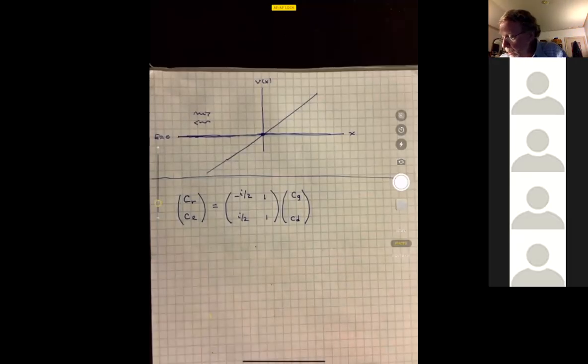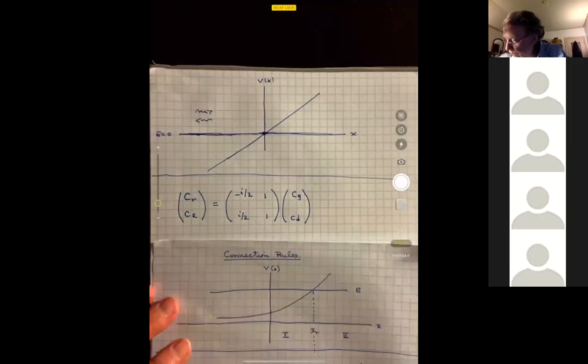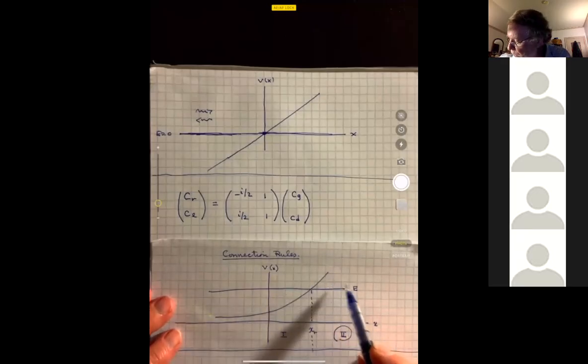All right. In any case, this is what we've got. And then this down here is our picture here with the right and the left. Now for our picture, we want the coefficient of the growing solution in region 2 to be 0 because we want the wave function to die out once off to the right. The total wave function has to go to 0 as x goes to infinity.